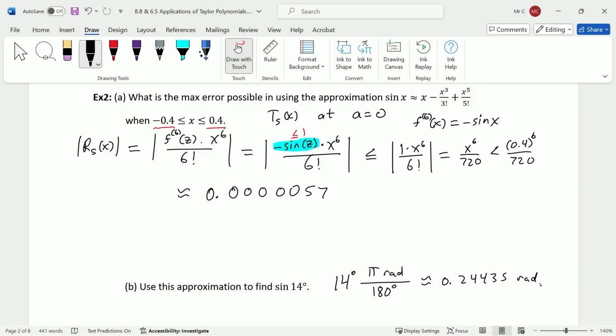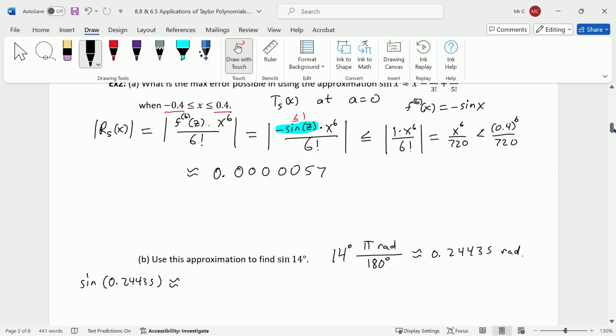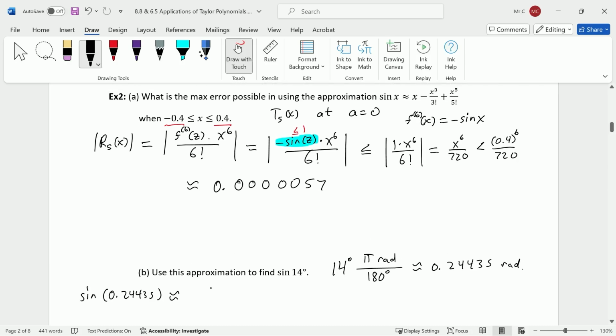Okay, so with that said, let's plug it in. So all this says is, that means that sine of 0.24435 radians is approximately, let me just zoom out a touch here so I can get that on the screen, 0.24435 minus x cubed over 3 factorial, that's 0.24435 cubed over 3 factorial, I should say, which is 6.